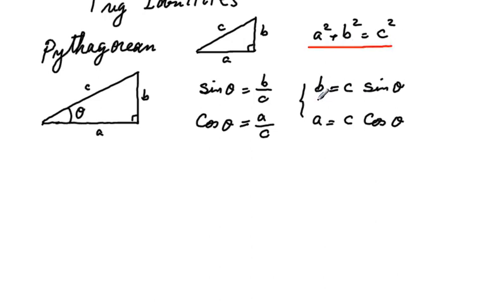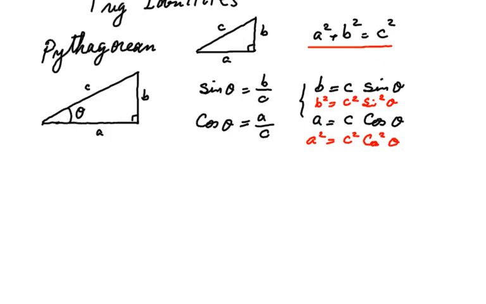So if I square this, I'm going to get b squared is equal to c squared sine square of theta. Square of this is going to be a squared is equal to c squared times cosine square of theta.